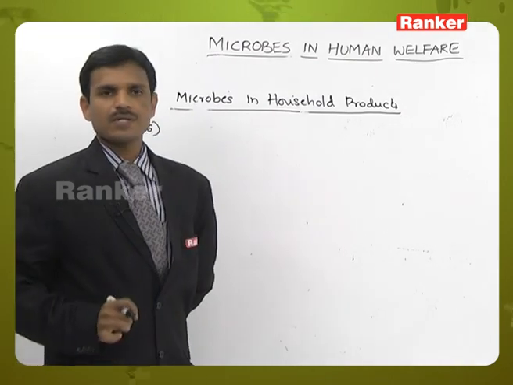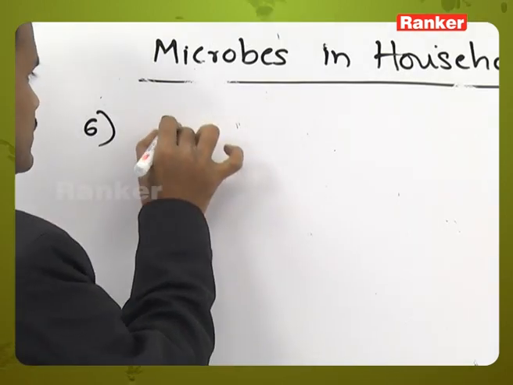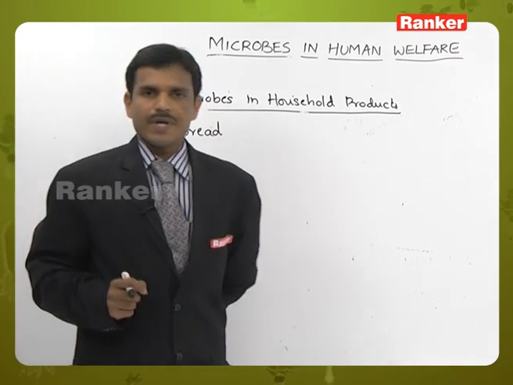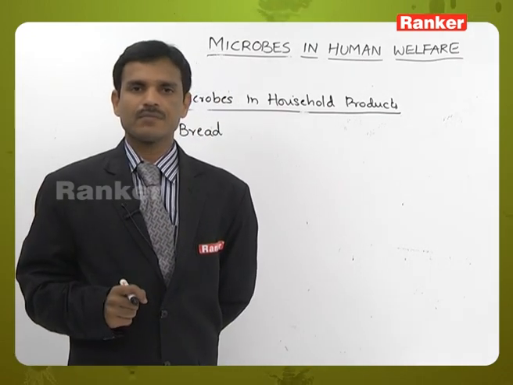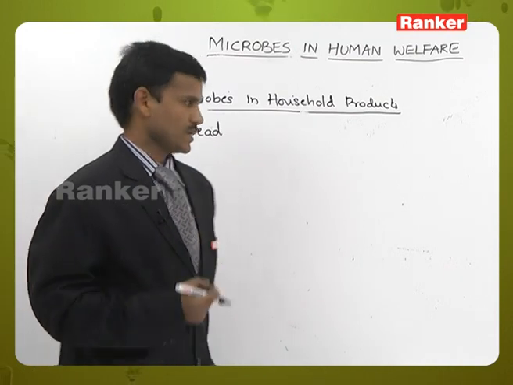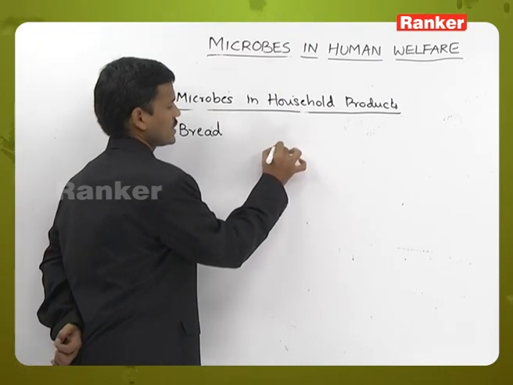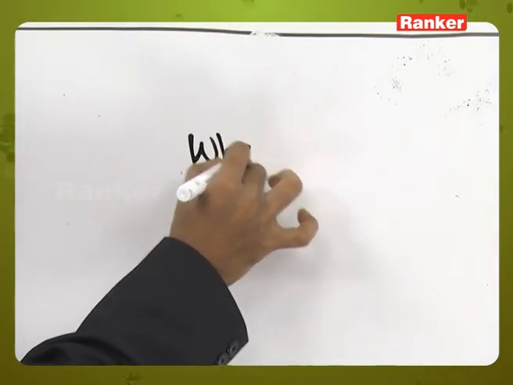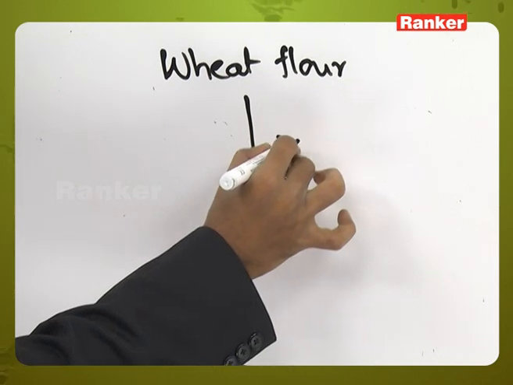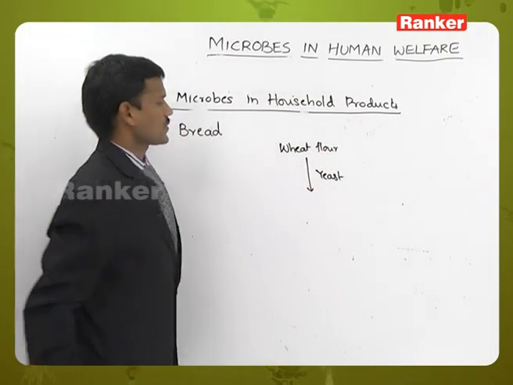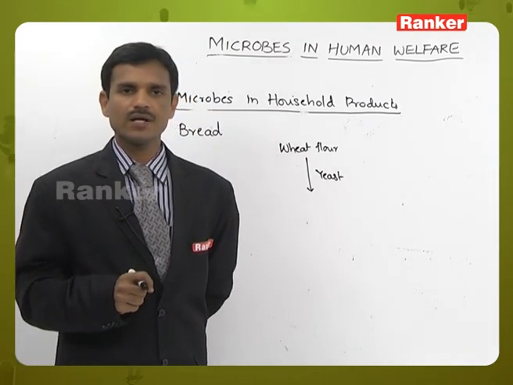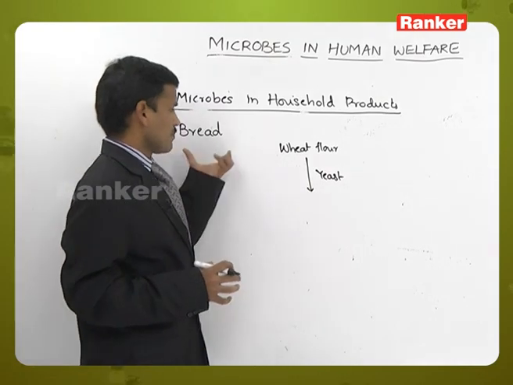The next product is bread. Bread is also a fermented product by the same yeast, that is Saccharomyces cerevisiae. Wheat flour is generally fermented by the yeast. The yeast is Saccharomyces cerevisiae. It is involved in the production of bread.